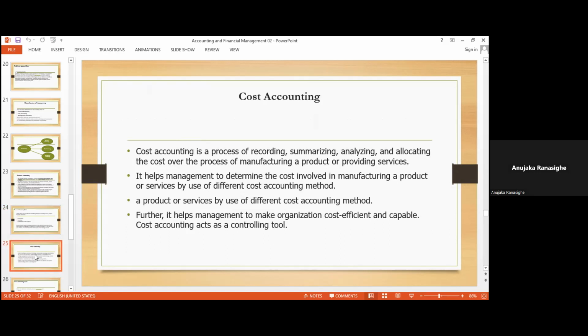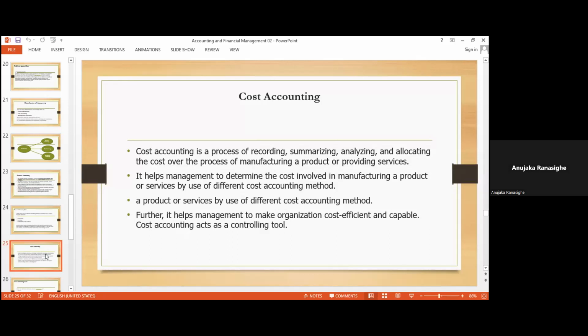Another one is cost accounting. Companies use it for allocating the cost relevant to production or service.